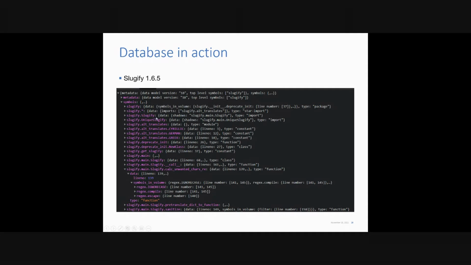It also provides something called slugify.slugify. But if you dive a little bit deeper, you can see that Slugify provides this thing called main Slugify calc unwanted chars RE, but we have a bit more information about it. We've got the line number where this thing's defined, that it's a function, and it's got some symbols inside of that function that it relies on. So this uses a whole bunch of regex tooling to do its job.